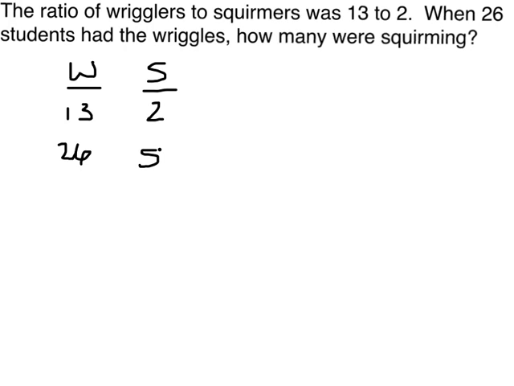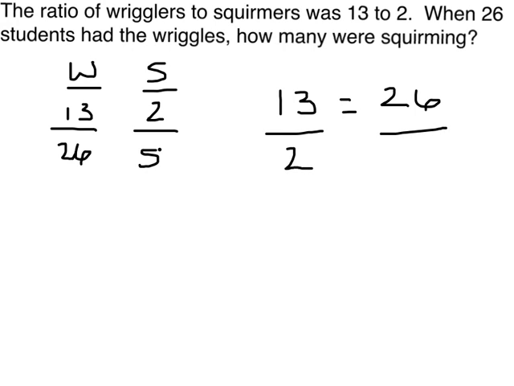We'll put S. So 13 and 26 both stand for the same thing, so they're both going to be on the top of the fraction. And 2 and S stands for squirming. They're both going to be on the bottom of the fraction. Alright, so 13 to 2 would equal 26 to what?